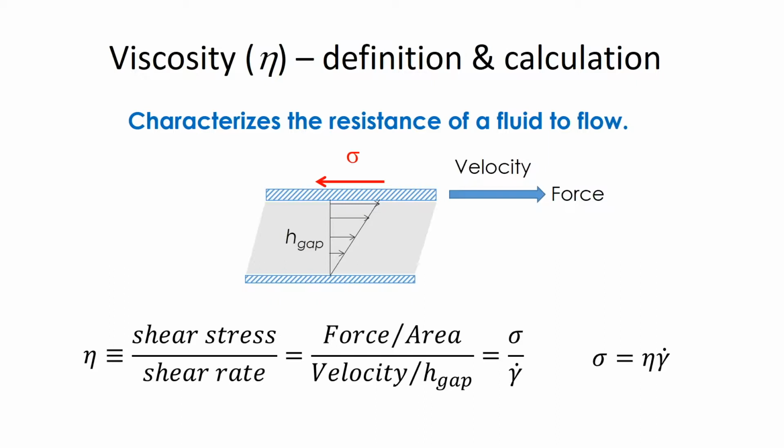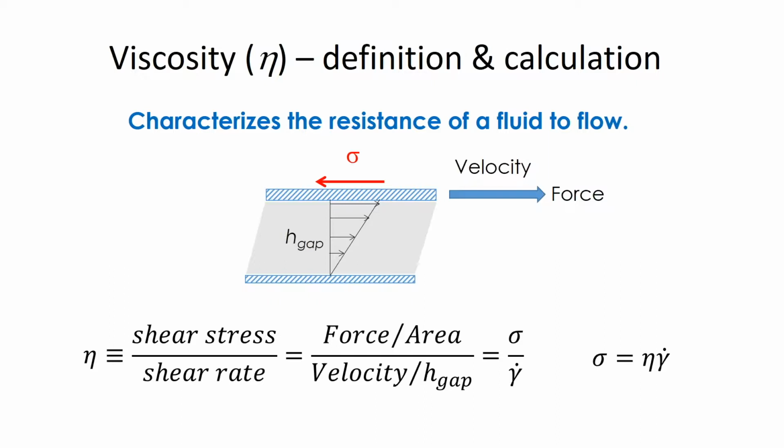And so to visualize what this would mean, the general way to describe this is to look at a fluid placed between two parallel plates, where the lower plate is held stationary and we're dragging the upper plate at some particular velocity. And there's a particular gap of fluid in between the plates.